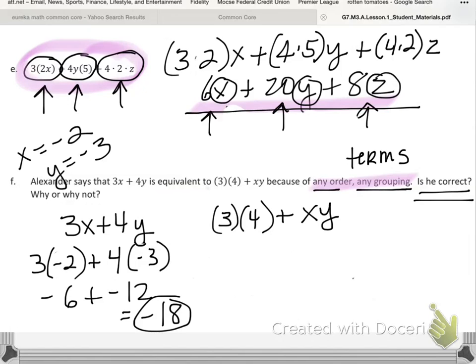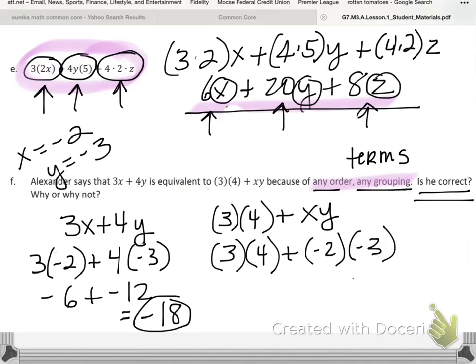I know you understand that. So now we have 3 times 4, and now we are going to multiply -2 times -3, and you know that special nature of multiplying negative numbers.